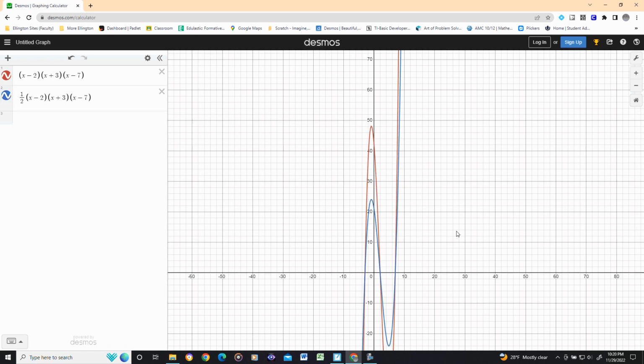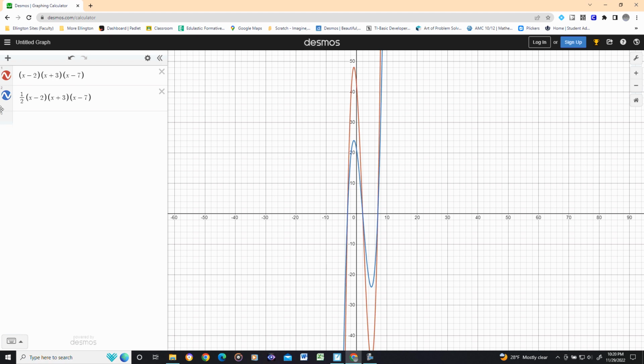Same kind of curve, same general shape. But clearly the 1/2 acts as sort of a stretch, and so the 1/2 takes the function and compresses it a little bit into a nice little compressed arch.